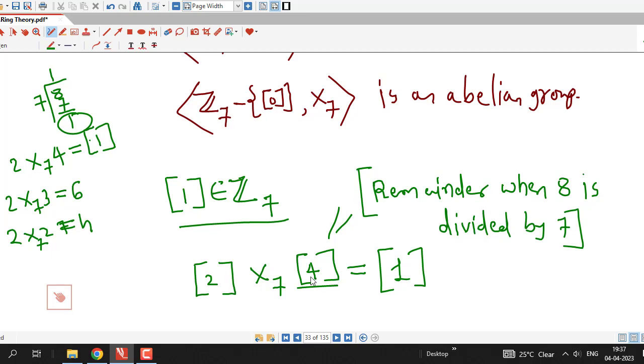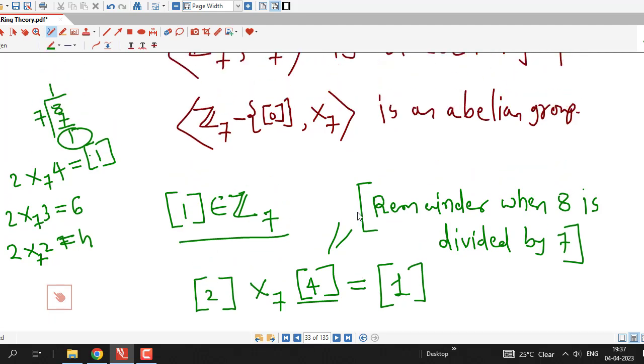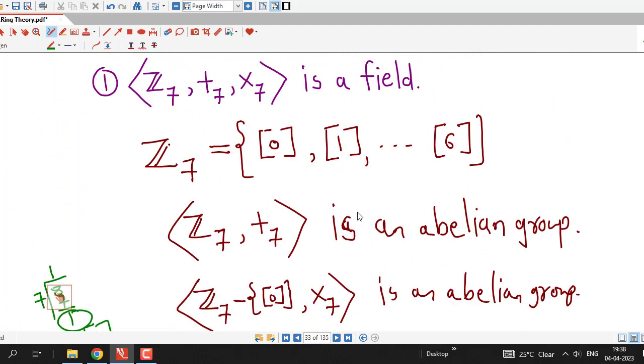Therefore we find that the inverse of 2 is 4. Similarly, the inverse of 4 is 2. And in this way you can check for each and every non-zero element of this Z7 that it has a multiplicative inverse with respect to this multiplication modulo 7. Therefore this is going to be a field.